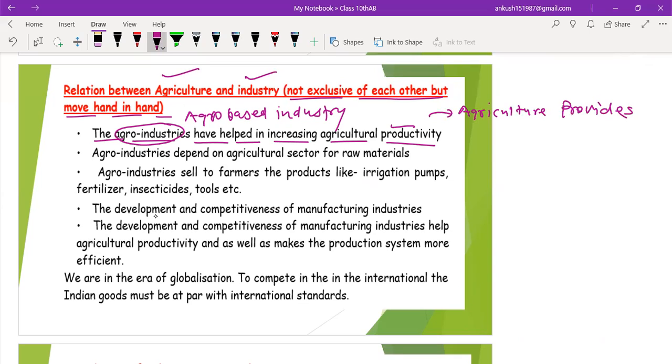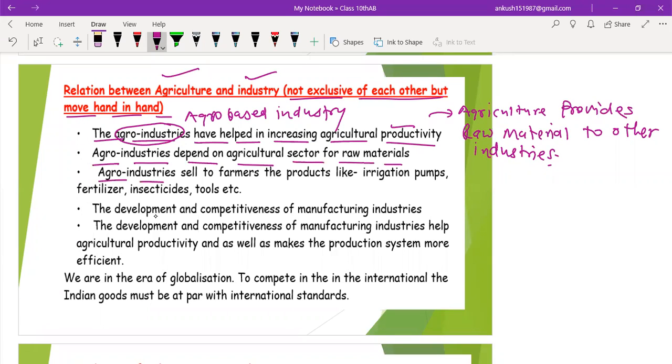It provides raw material to other industries. Have you got it? Yes. Agro industries depend on agricultural sector for raw material.